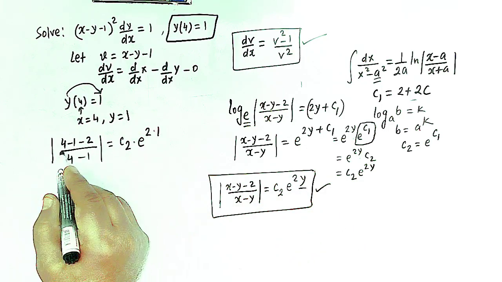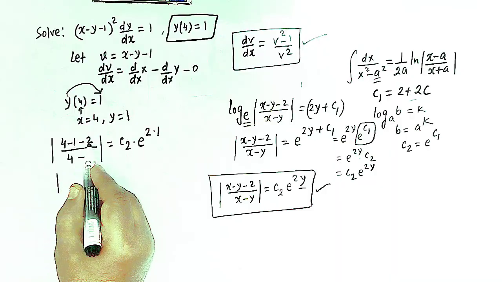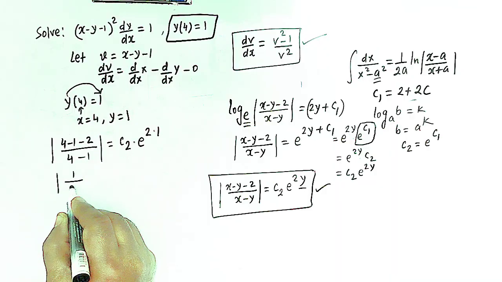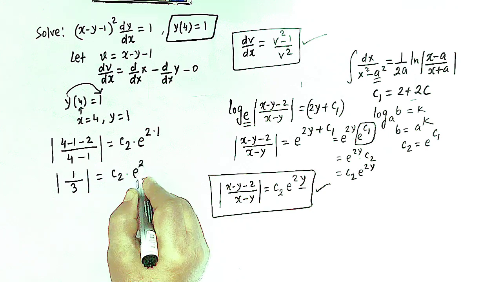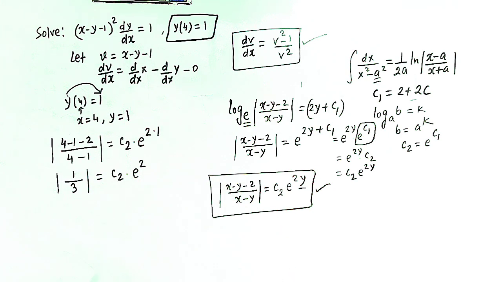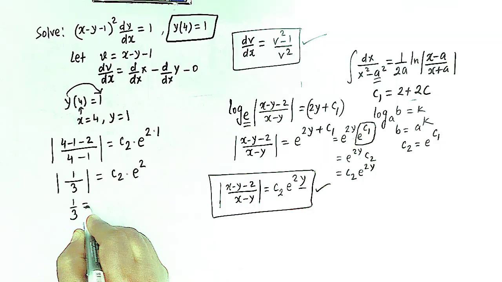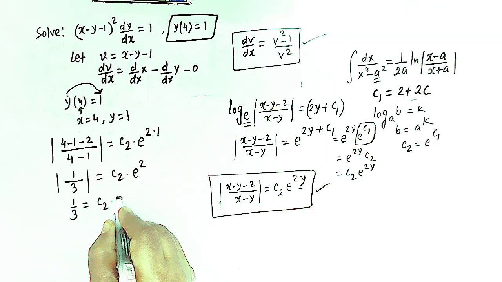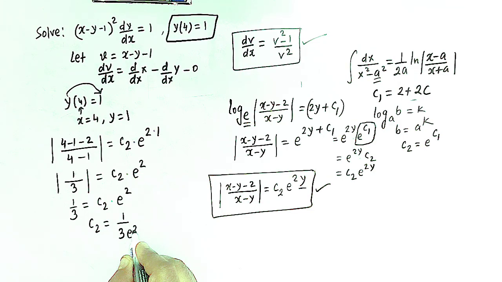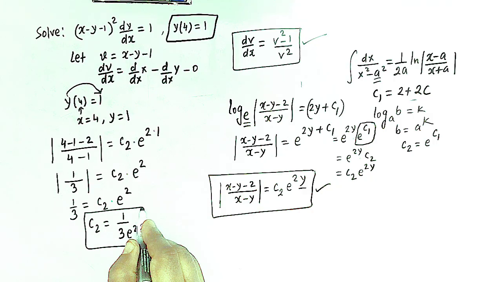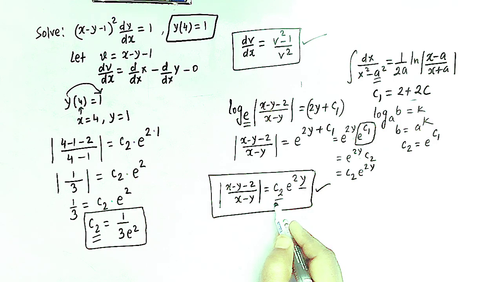So here we have now 4 minus 1 is 3, 3 minus 2 is 1, 4 minus 1 is 3, and here we have c2 times e square, where e is the exponential number. So the mod of 1 over 3 is simply 1 over 3. So we have c2 times e square. So c2 is now equal to 1 over 3 times e square. So this is the value of this constant c2.